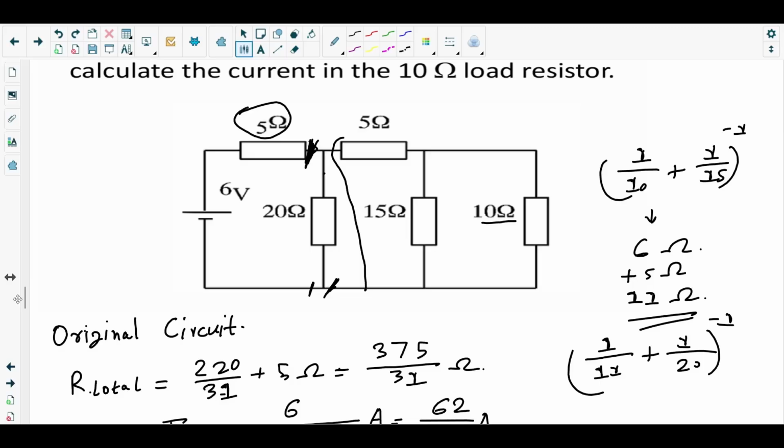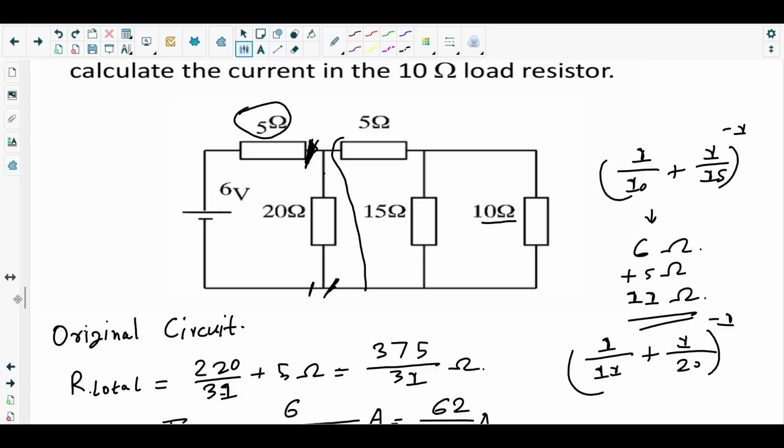That means the remaining current will flow through the 5 ohm resistor, right? Because the total current is getting divided into two parts. Here the total current enters, some amount flows through the 5 ohm resistor and some through the 20 ohm resistor. We got how much flows through the 20 ohm resistor.